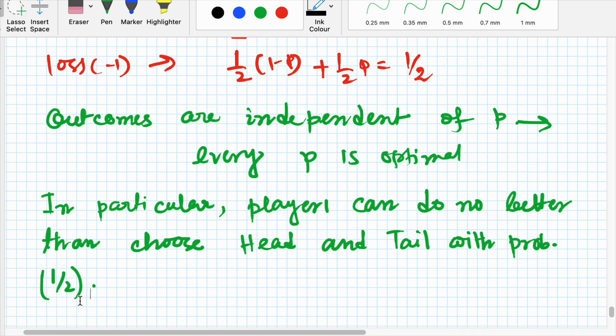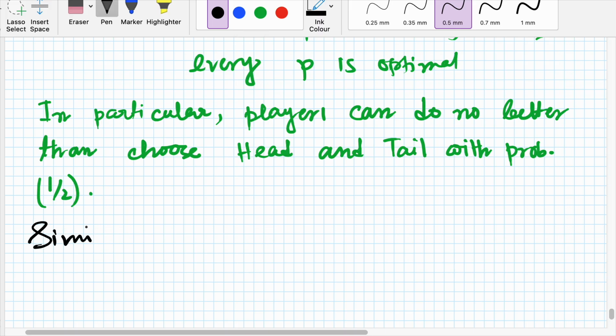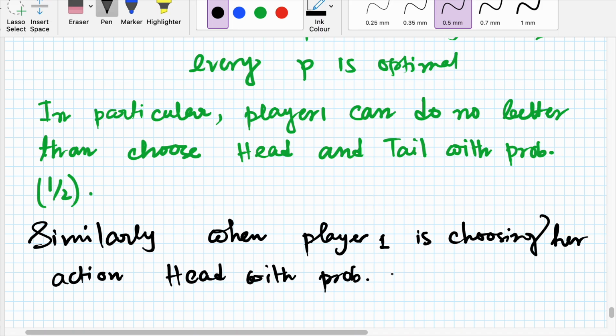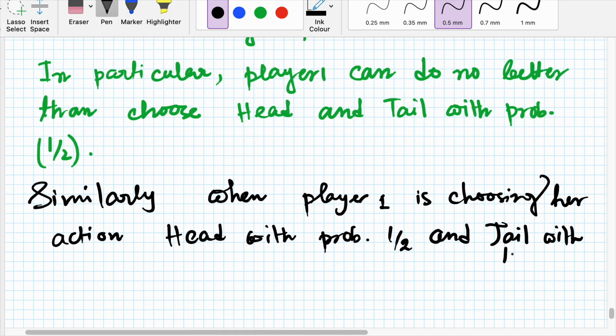Now if we consider the same situation for player 2 also, when player 1 is choosing her action head with probability half and tail with half, then the same situation will be faced by player 2.